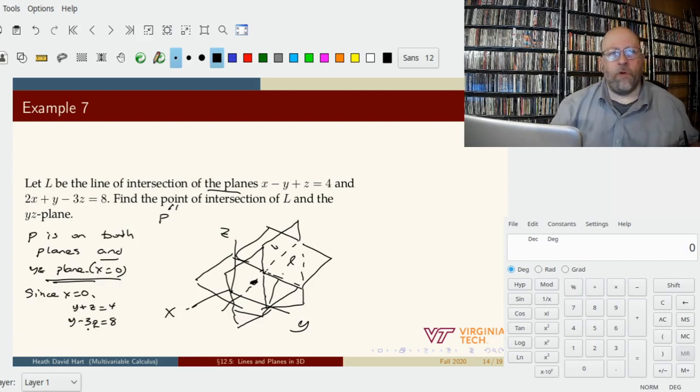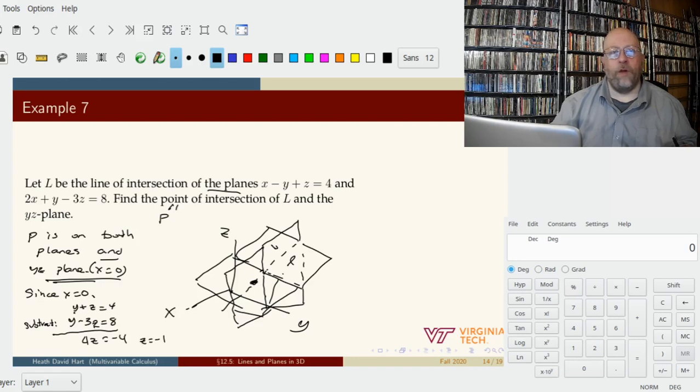Since both of these equations have a single Y in them, I'm going to solve this by subtracting. Y minus Y is 0. Z minus negative 3Z is 4Z. And 4 minus 8 is negative 4. And so Z is equal to negative 1.